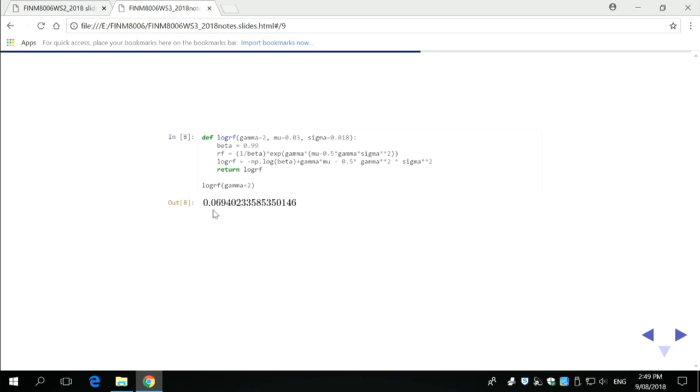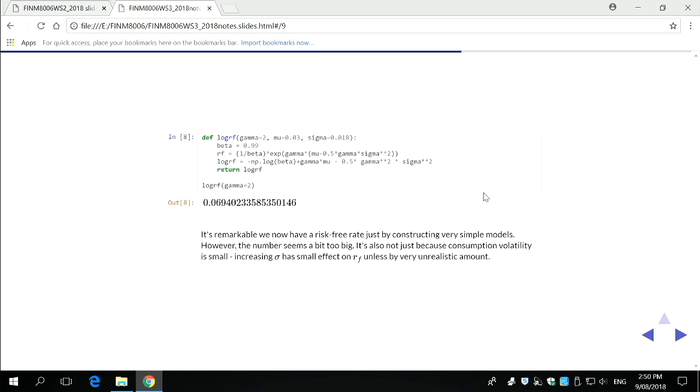That was on Monday. Remember the risk-free rate puzzle? Right, so if we assume some gamma, the risk-free rate we got from the model is much higher than what we observe in the data. All right? That's the risk-free rate puzzle.